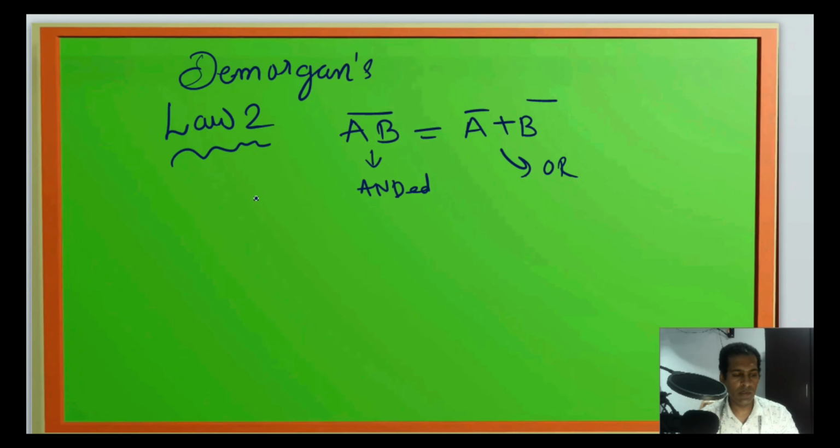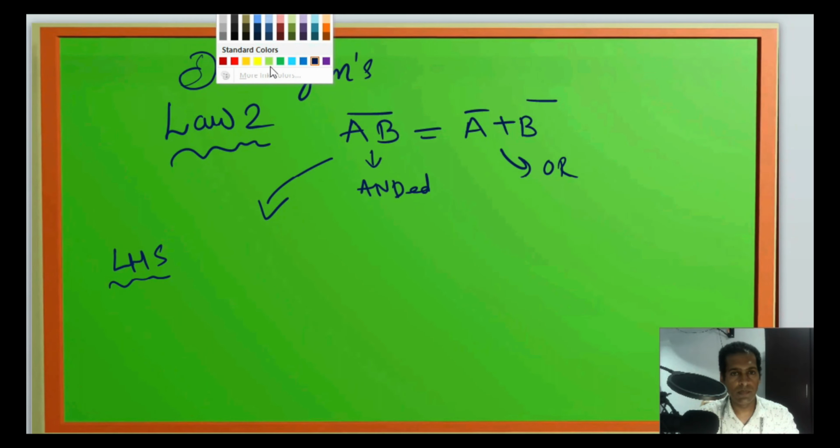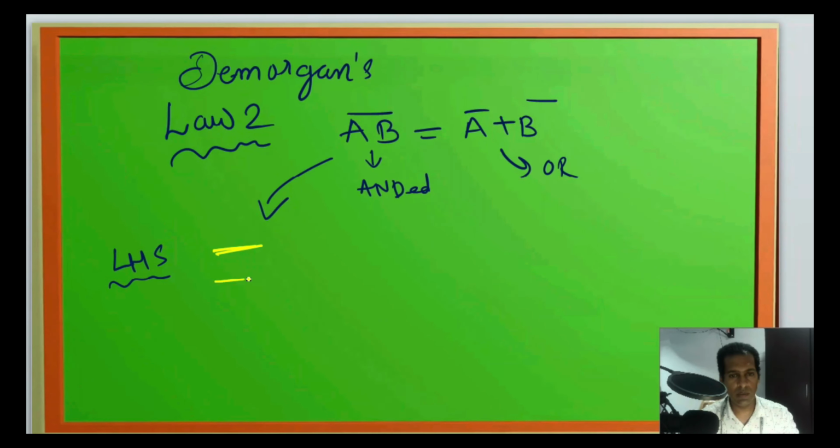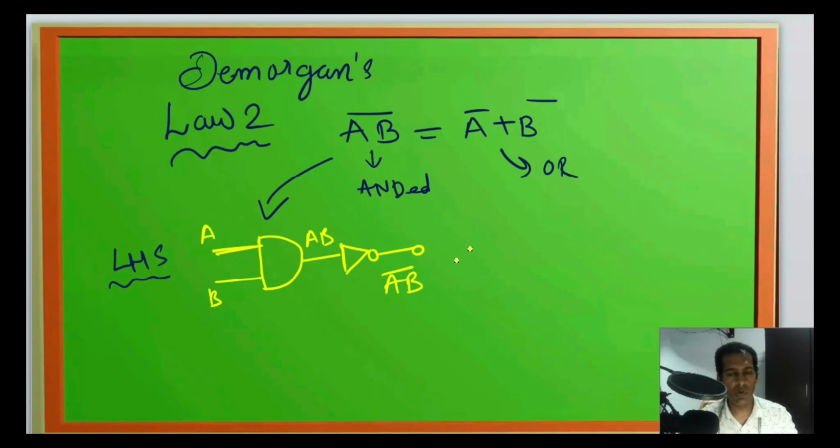Now from the schematic we can see what the LHS is. For the LHS, we have AB, that is an AND operation. A and B are the inputs to the AND gate, and their product is connected to an inverter, so the total output is (AB) bar.